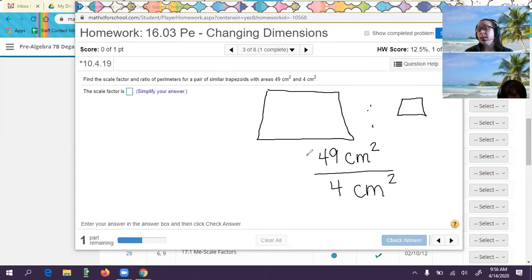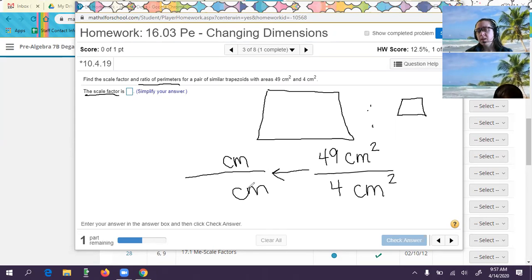If I want to change that down to a scale factor or a perimeter ratio, I'm comparing the areas, and now I want to scale it down to just compare the sides and the perimeter, which are the same thing. Does anybody remember from last week what you do with each of the numbers in the ratio?